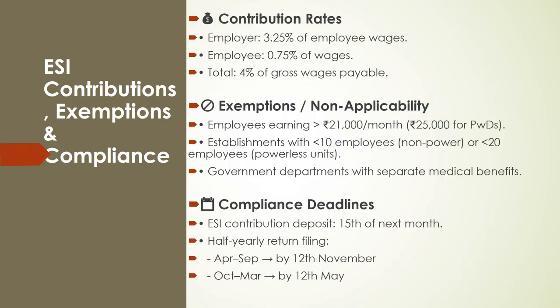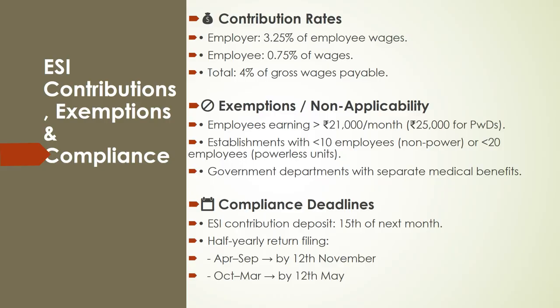Then ESI contribution, exemptions and compliances. In PF it was 12% each. Here it is 4% of gross wages to be paid for ESIC: 3.25% employer contribution and 0.75% employee contribution.